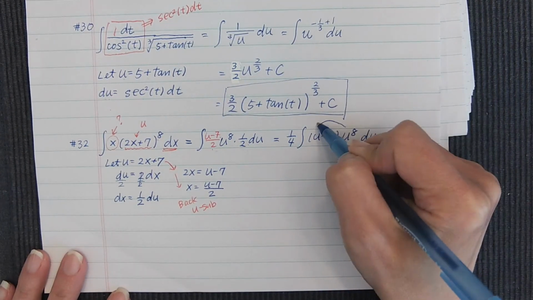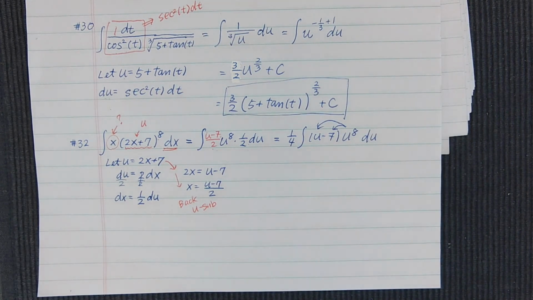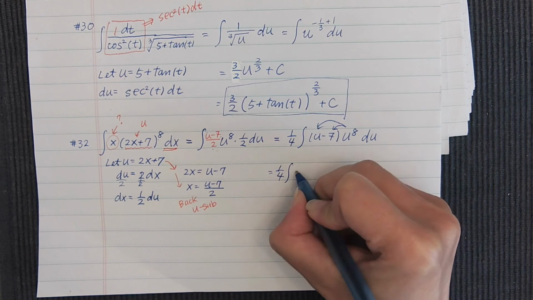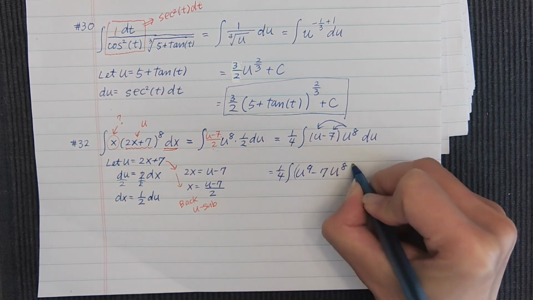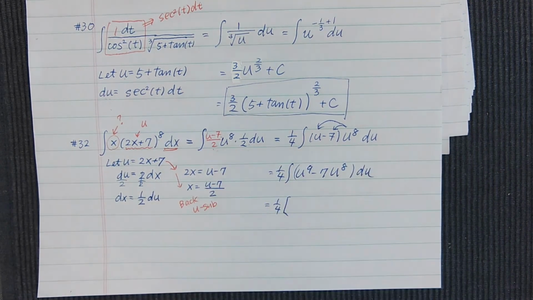Let's go ahead and distribute it. 1 over 4 times u to the 9th minus 7 u to the 8th du. Okay, final answer.